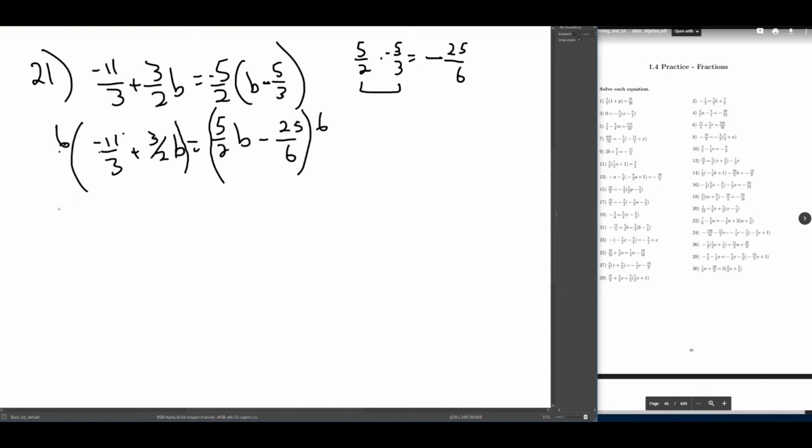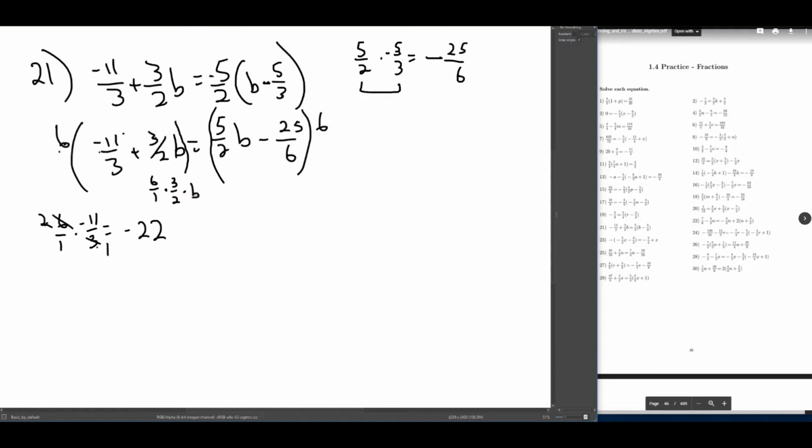So anytime you have one of these things, you multiply, just like you did before here, you multiply this by this and this by this. So I'm going to do it long form this time just to make sure you guys get it. 6 over 1 times negative 11 over 3 equals, well, 6 divided by 3, when you cross divide, I can get a 2 here and a 1 here. So that will be 2 times minus 11 equals minus 22, because 1 times 1 equals 1. 6 times 3 over 2b.